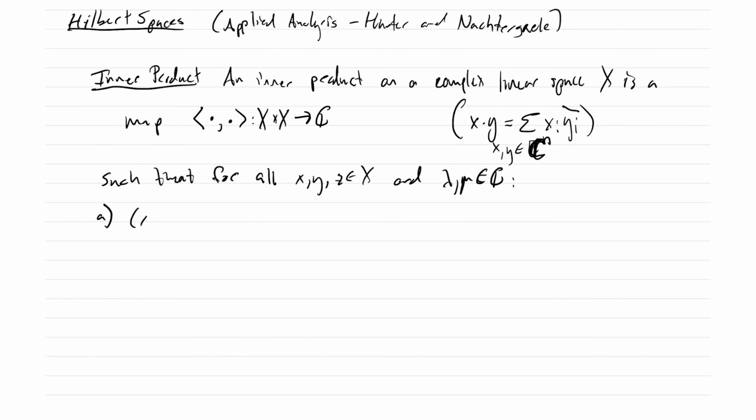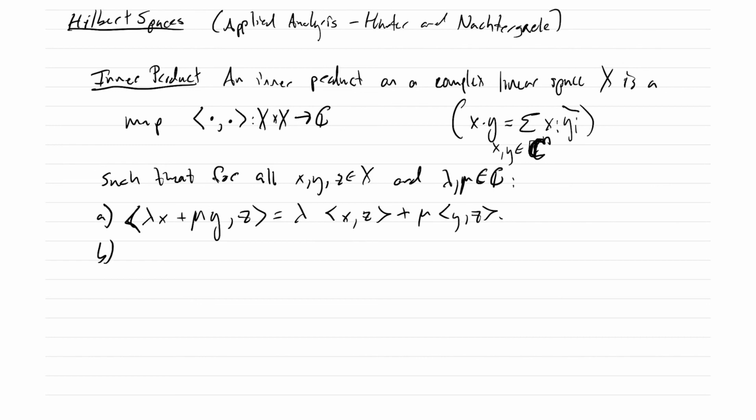So we're going to have lambda x plus mu y comma z is equal to lambda times x comma z plus mu times y comma z. So just like in our dot product from a Euclidean space, we are linear. And so here we're going to be linear in the first variable.